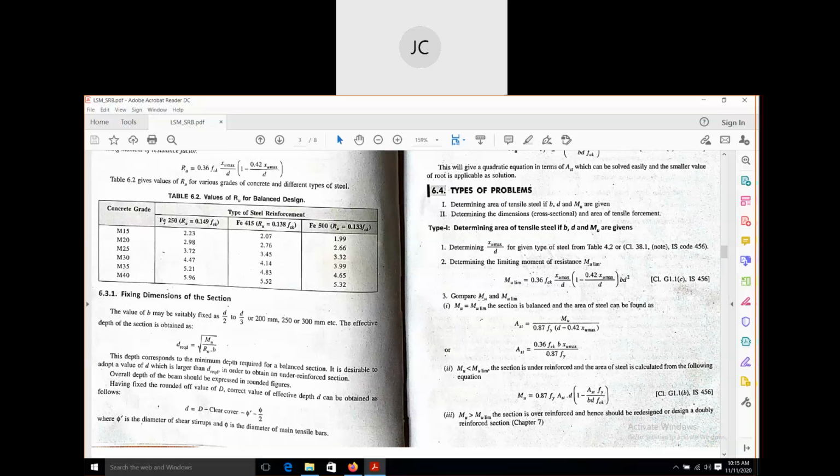Otherwise, after some time, if you don't come and attend the lab classes, then it will be difficult for us to conduct the lab exams. Since we have to conduct our laboratory exams, I think this time it might be conducted physically.